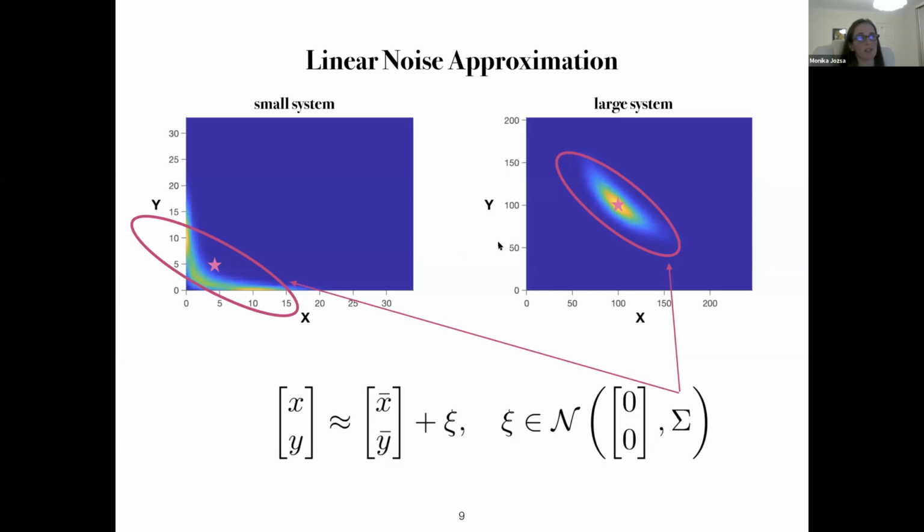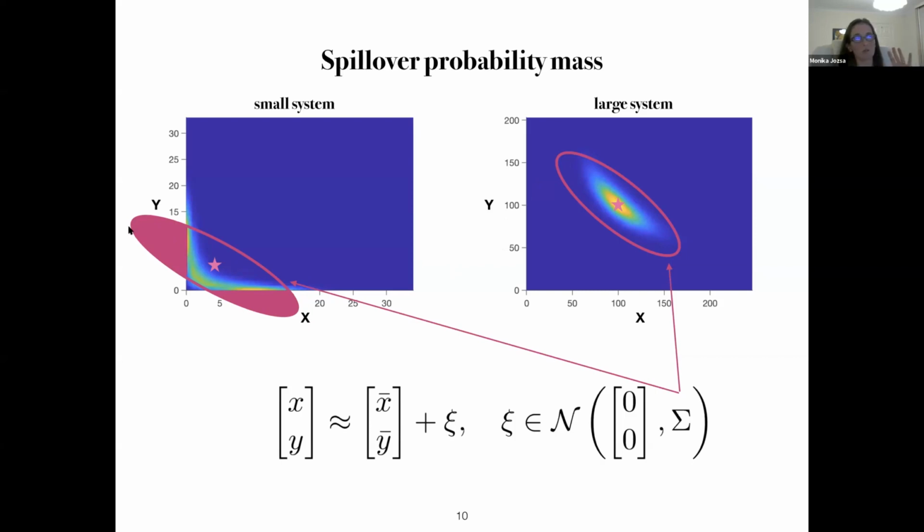What's interesting is that the probability that goes beyond the axis, so beyond the region of interest, beyond this positive quadrant, is very large in case of multimodality, and very small in case of large systems or unimodality.